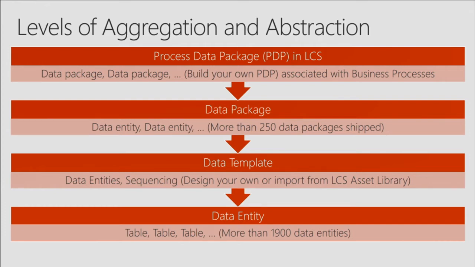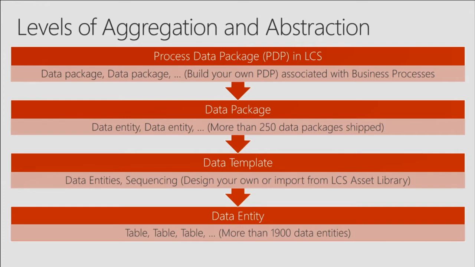Typically, you would create a data template, or use some of the data templates out of the box, and create a data package out of it, which is portable across systems, and you can take it and move it into another system, and so on. A data package is basically a set of entities that come from the data template that created it. We actually ship 250 data packages out of the box today, and we are planning to ship more.